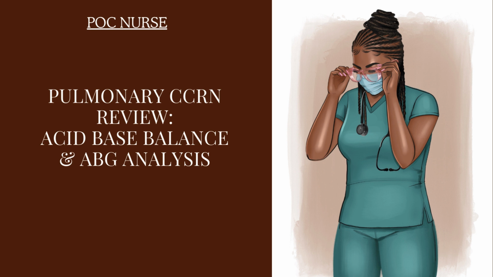7.25. Is that fully compensated? No. Normal pH is 7.35 to 7.45. So at 7.25, we're heading in the right direction towards a normal pH. Now we're going to take a look at our PCO2. It's still 55. Our bicarb level should have changed because we have partial compensation going on.